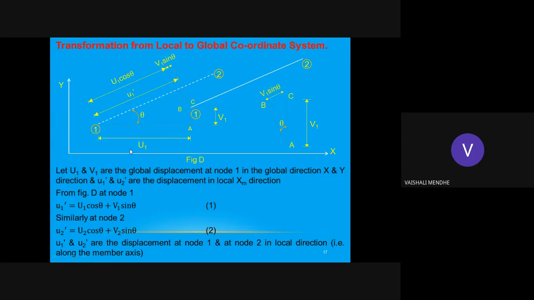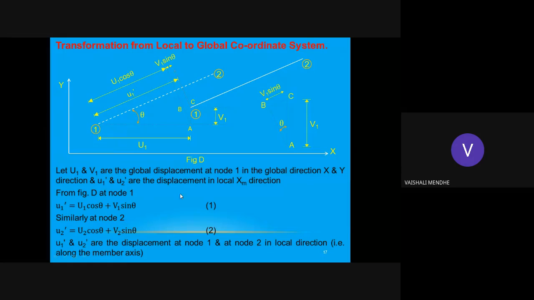So this is u1 and v1, the global displacement for node 1 along the x and y direction. Similarly, you can show for node 2. यहाँ से लेके यहाँ तक u2 होगा और vertical v2 होगा, but which is not shown. Only we have shown the displacement for node 1 in the global direction.